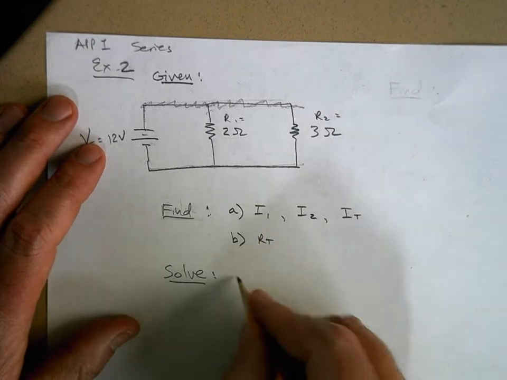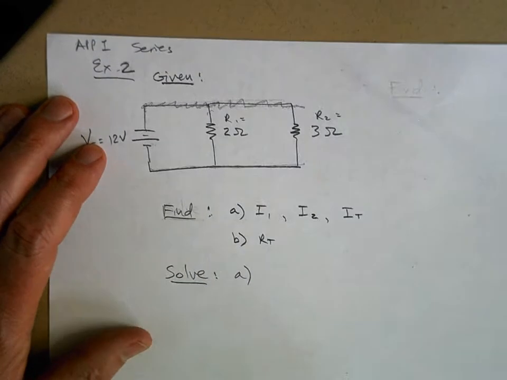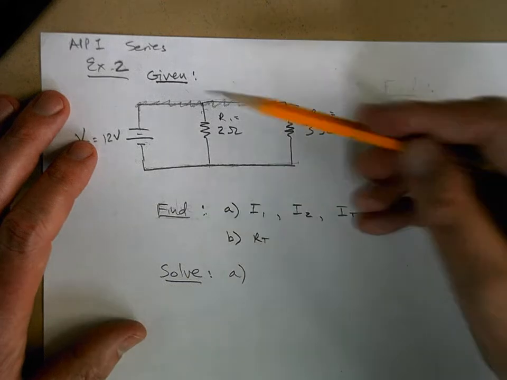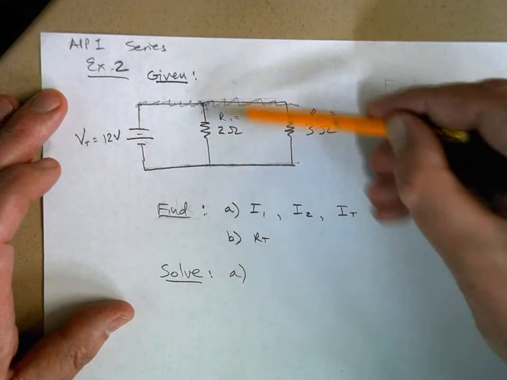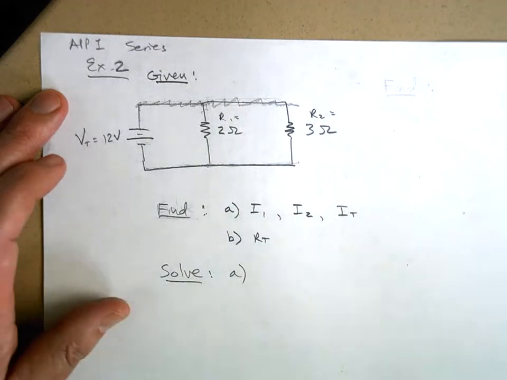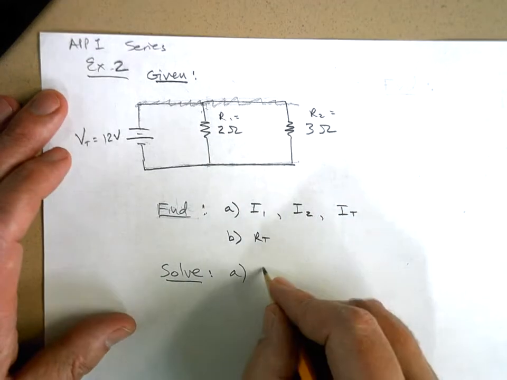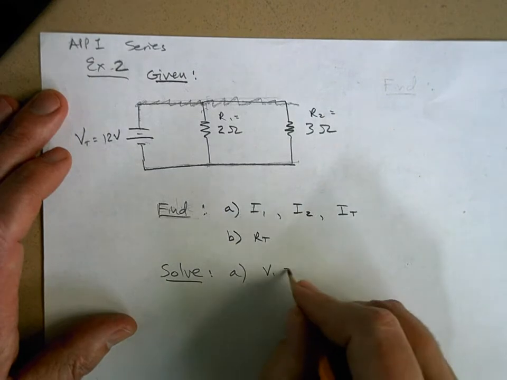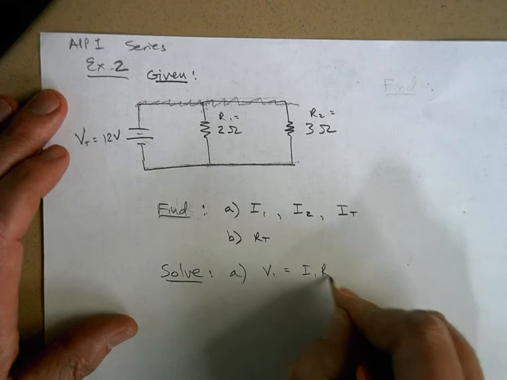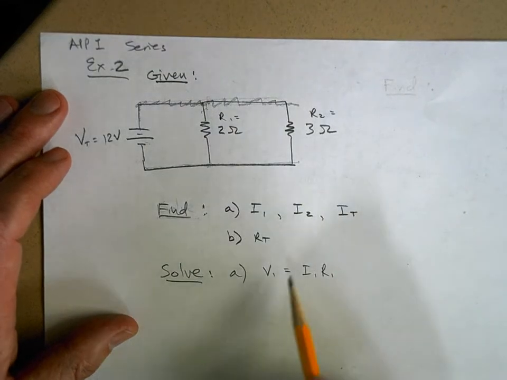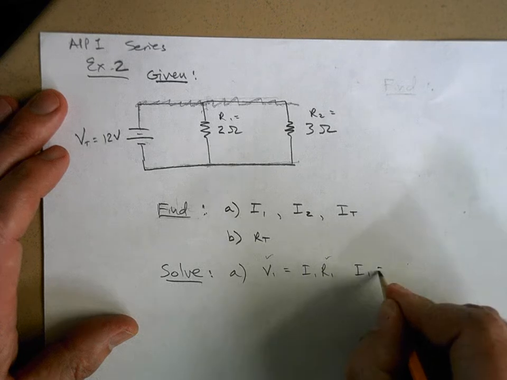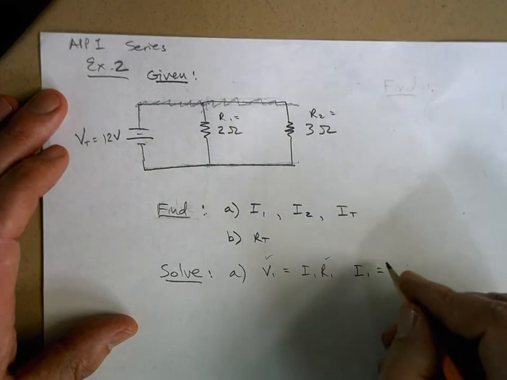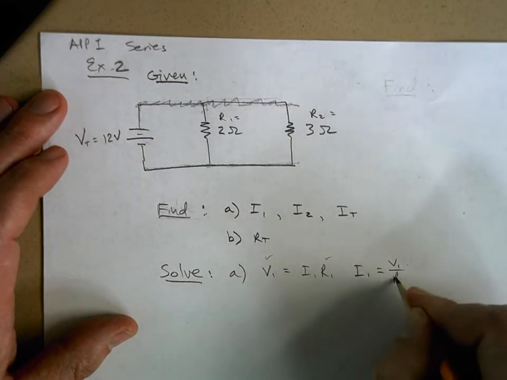All right, so let's do part A. Well, what do we know? These are in parallel, so they have the same voltage drop. So if I gain 12 volts, I have to lose 12 volts from here to here. It's a 12 volt drop. So the voltage drop is going to be equal to the current times the resistance. Well, we know what the voltage is and we know what the resistance is. So the current is just equal to V1 over R1.